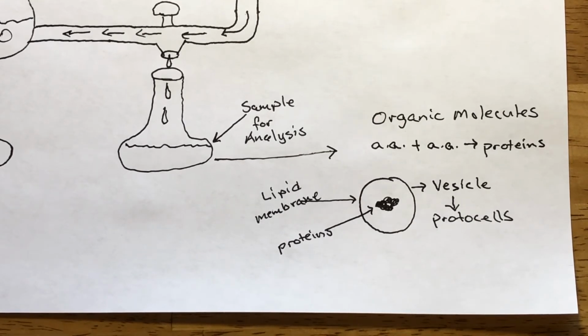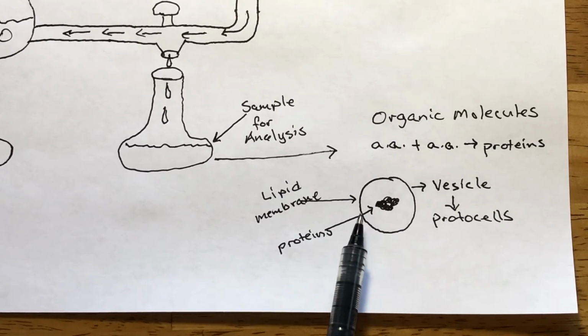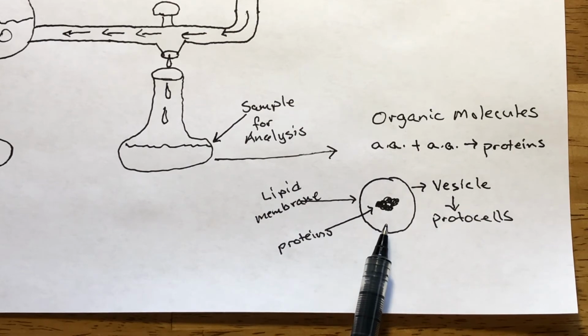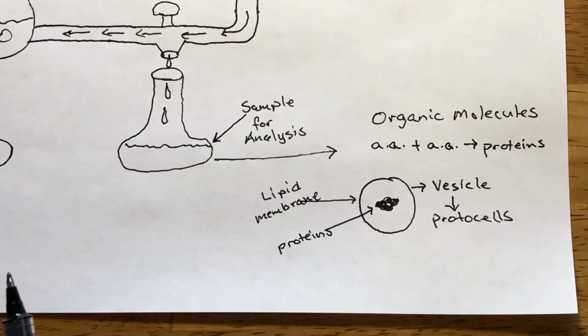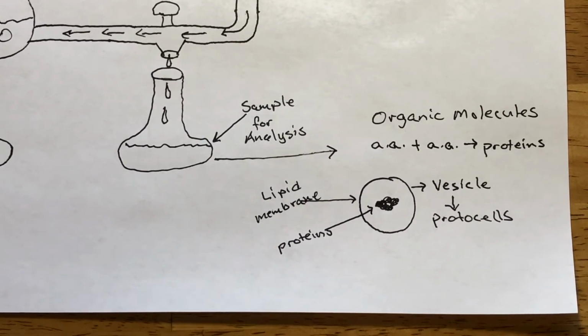Protocells start to demonstrate some of the properties of living organisms. You have a membrane, you have proteins, but they can't do all the basic characteristics of life. And so they may not necessarily be capable of acquiring nutrients or reproducing or responding to stimuli.